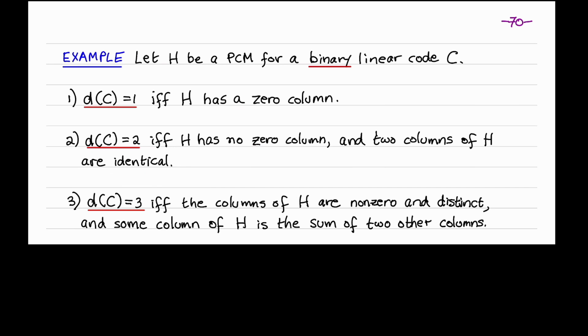Similarly, C has distance 3 if and only if the columns of H are non-zero and distinct, which means the code doesn't have distance 1 or 2, and there is some column of H that's the sum of 2 other columns. That would give us 3 linearly dependent columns of H, and hence by the corollary, the code C would have distance exactly 3.